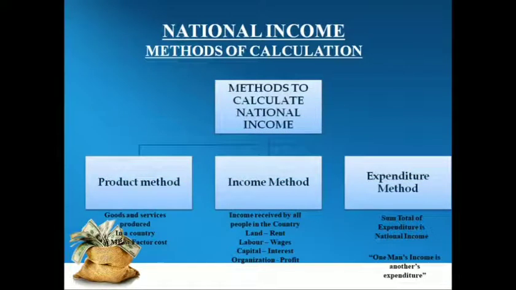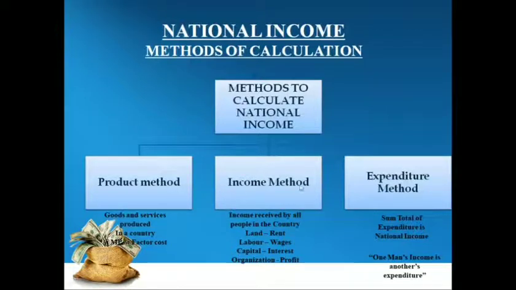There are three methods of calculating national income: the product method, the income method, and the expenditure method. When we total all the goods and services produced at market price, it's called the product method. It should be at factor cost.